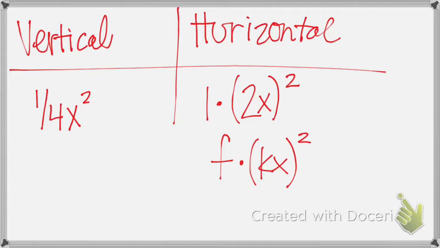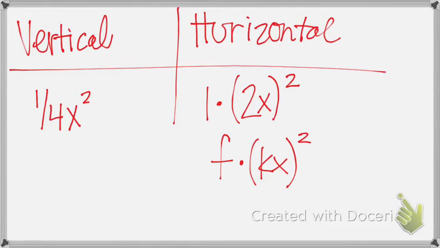Yeah, there's one there. This is horizontal. Vertical. Notice that the A value, in this case the K value, is on the what? Where's the K at? Left. In front.